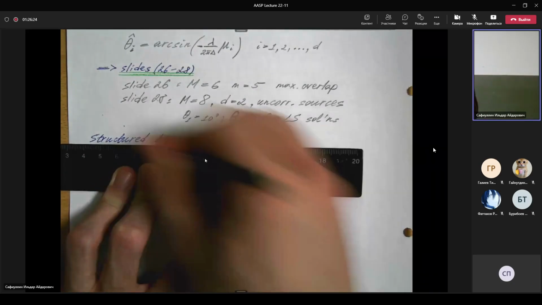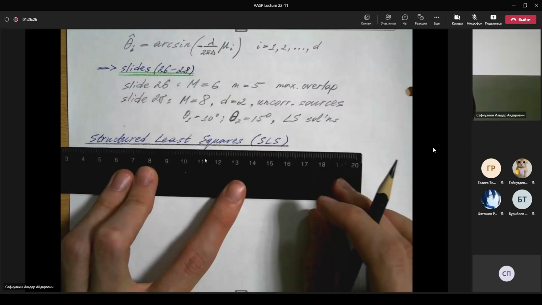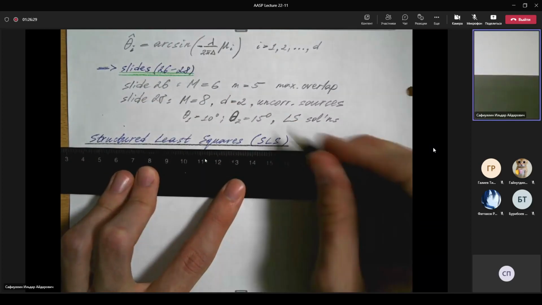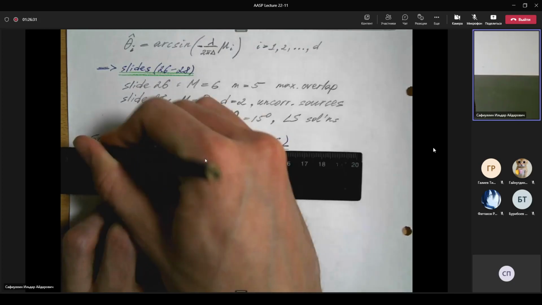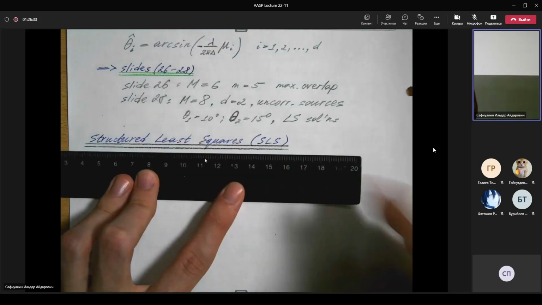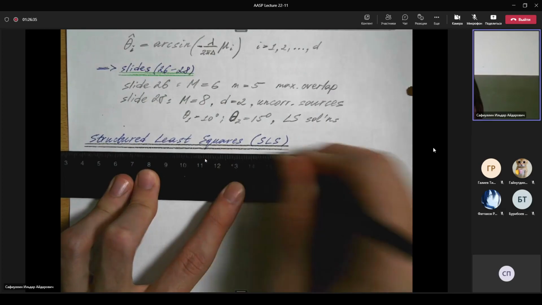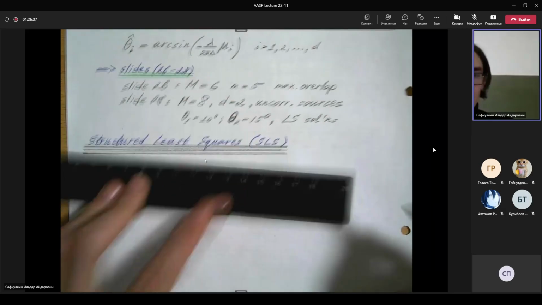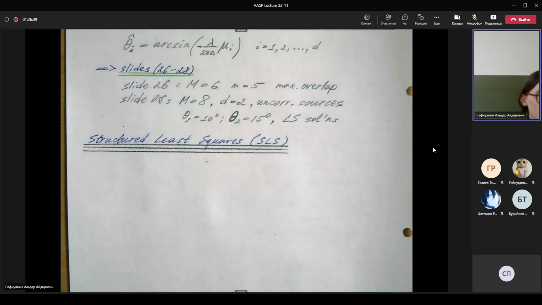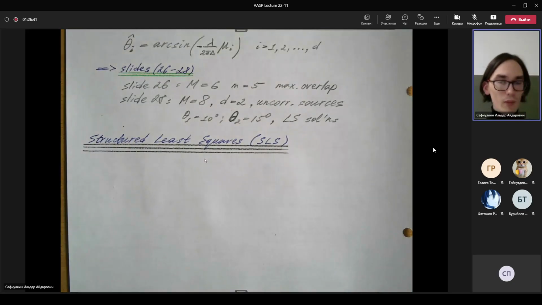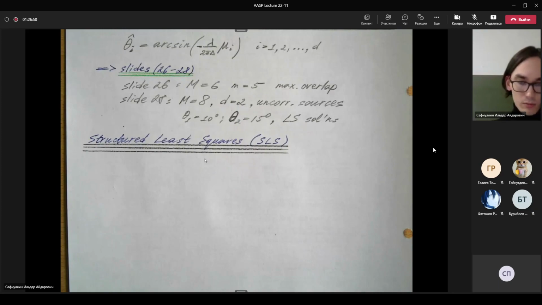Before, in previous lectures, I just said to you that this type of algorithm somehow uses the connection between subarrays or something like this.